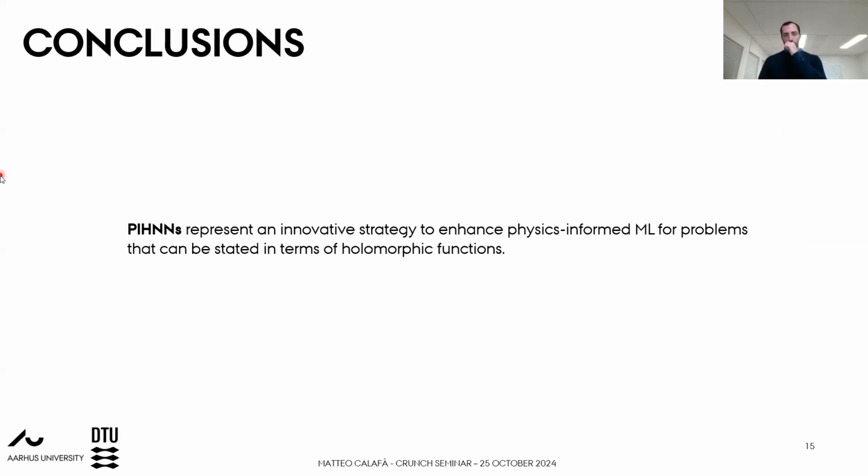And so for our conclusions, physics-informed holomorphic neural networks represent an innovative strategy to substantially enhance physics-informed machine learning for the class of problems that can be stated in terms of holomorphic functions.